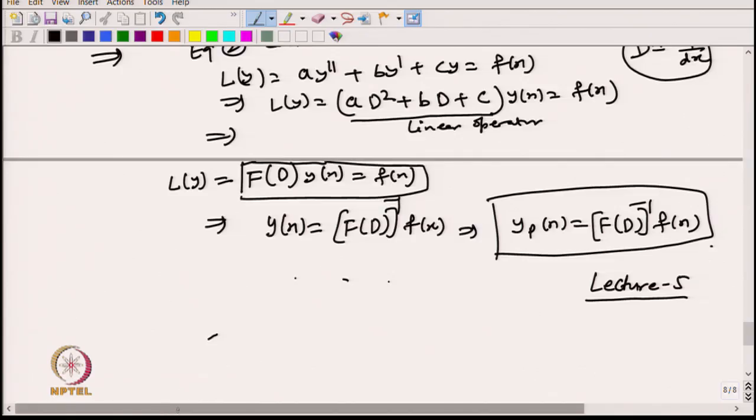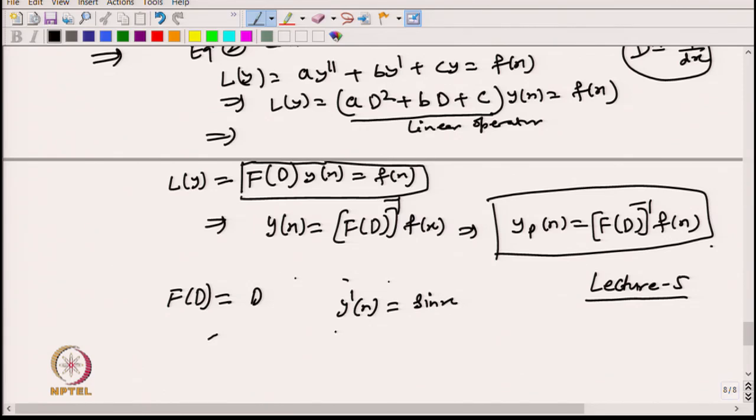Now, in the previous lecture I have defined what is the linear differential operator, F(D). Now, suppose my F(D) is simply D. Suppose I have a differential equation like y dash x is equal to sin x.